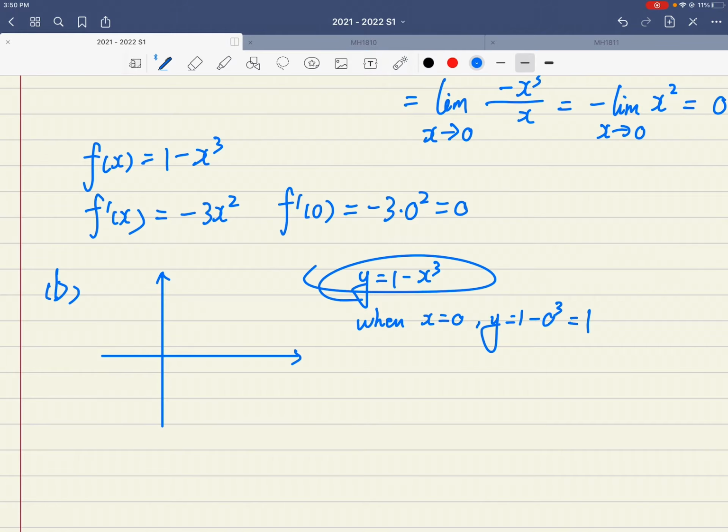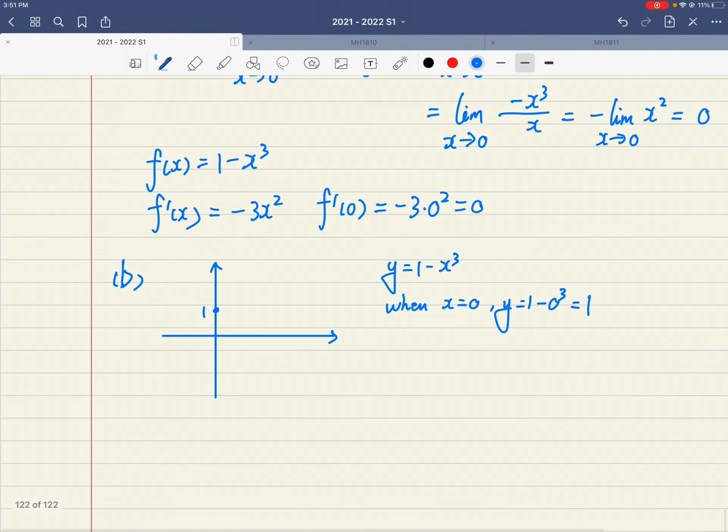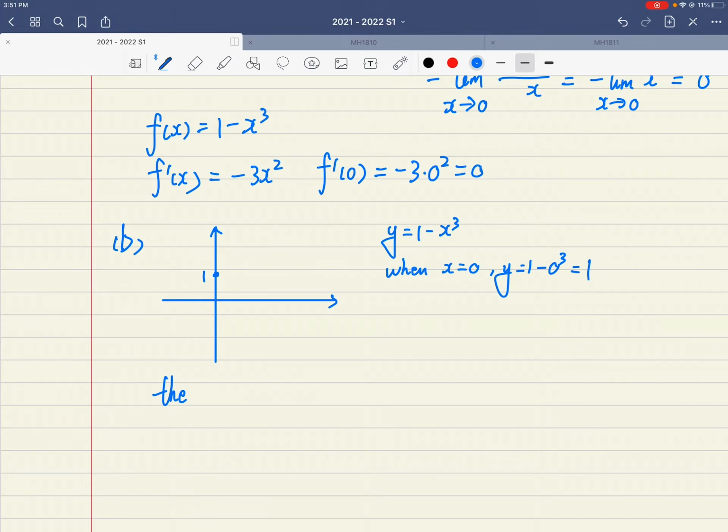So the curve passes through the point (0, 1). Then what's the tangent line? You know it passes through the point (0, 1), and you need to know its gradient, the gradient of the tangent line.